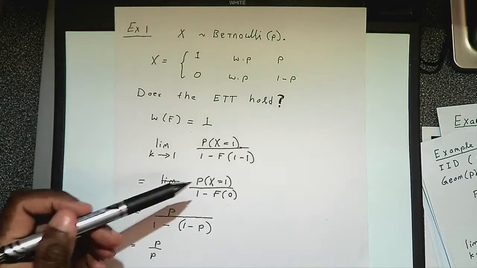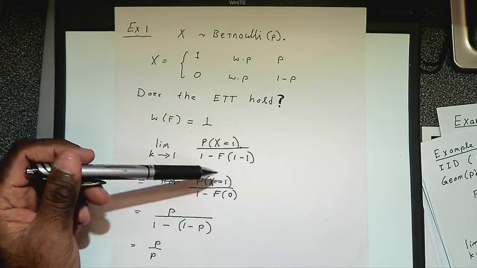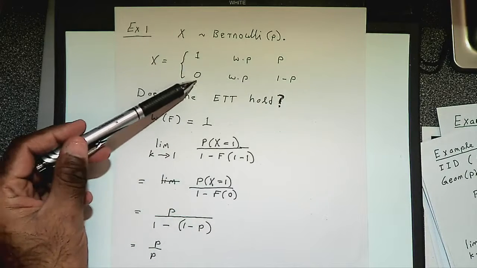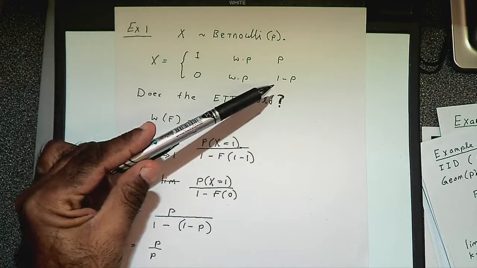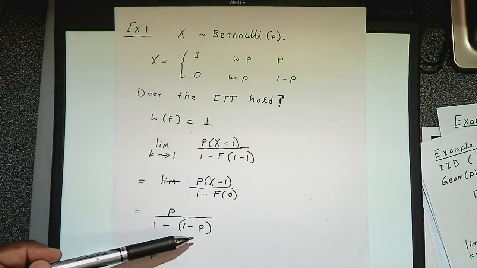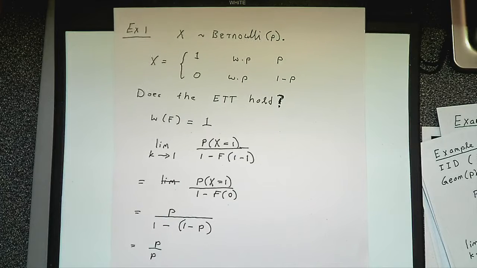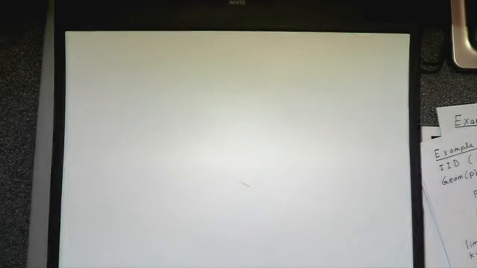The probability X equal to 1 is p, and the CDF at 0 is simply the probability that X equal to 0, which is 1 minus p, right? So you have p divided by 1 minus p... it is p divided by p, which is 1, which is not equal to 0, right? Okay, guys.